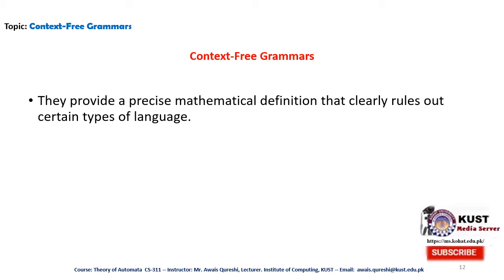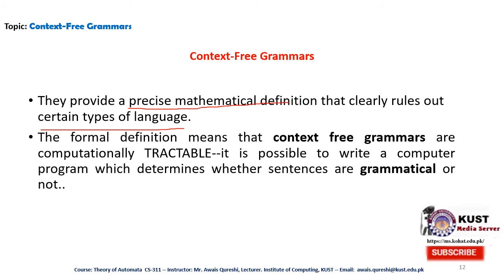They provide a precise mathematical definition that clearly rules out certain types of languages. That's why it provides a precise mathematical definition. The formal definition means that context-free grammars are computationally tractable.